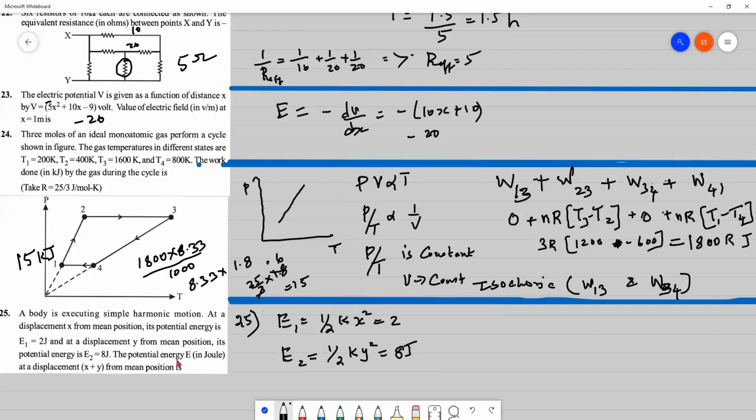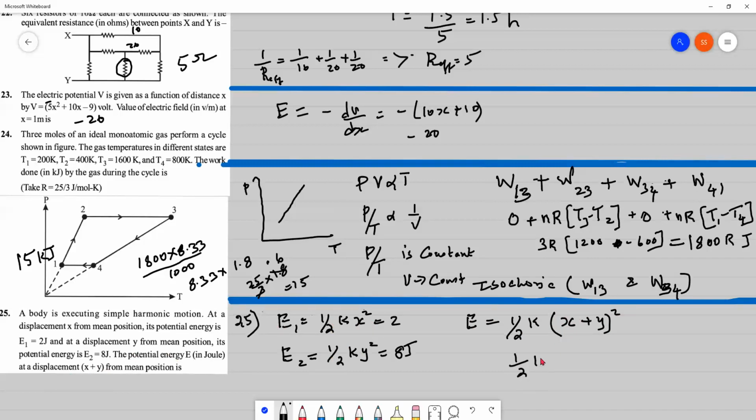So they are asking you the potential energy at the displacement x plus y. So E is equal to half k, x plus y the whole square. Instead of x you can write root of 2E1 by k, and instead of y root of 2E2 by k.